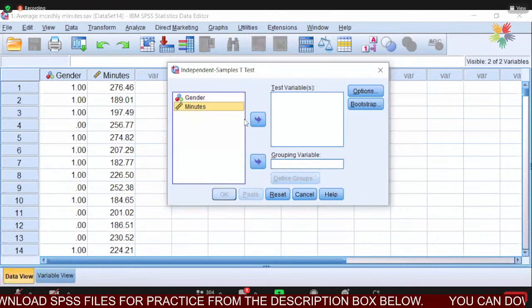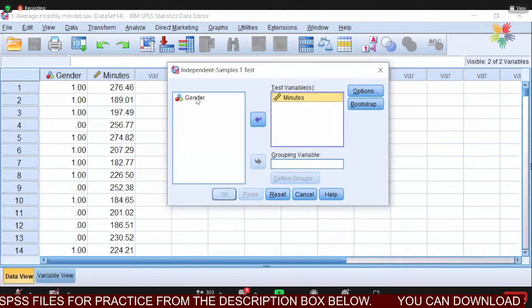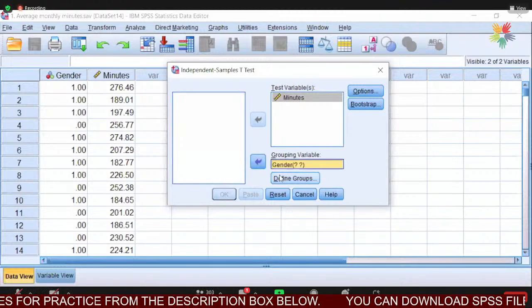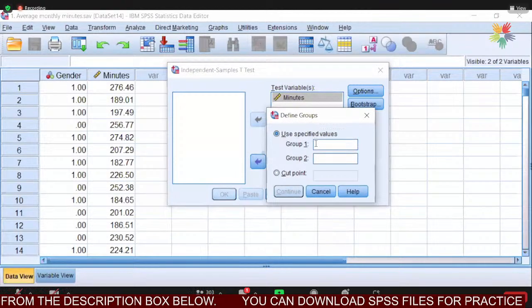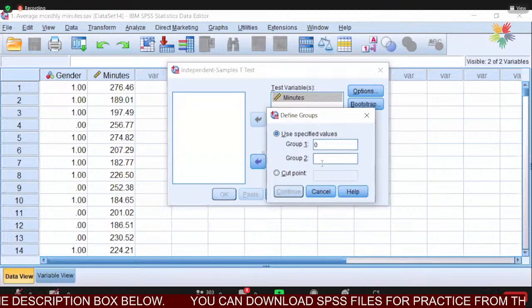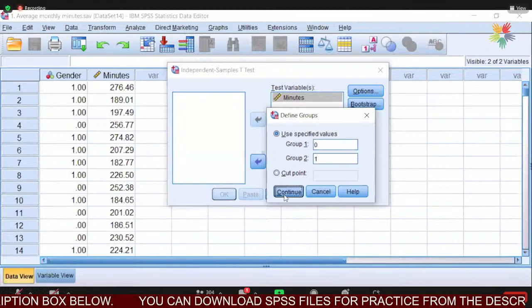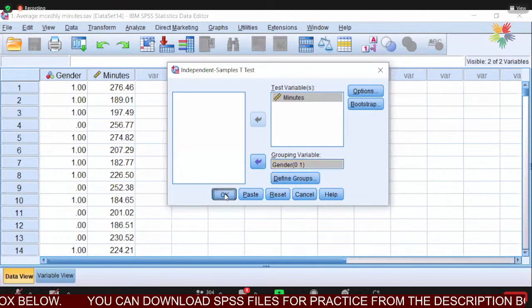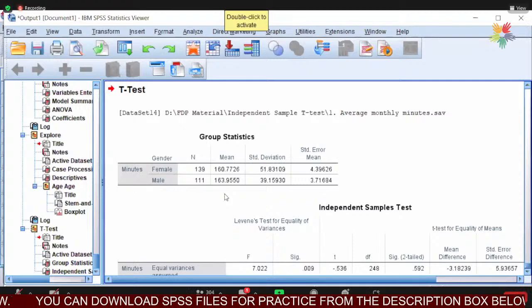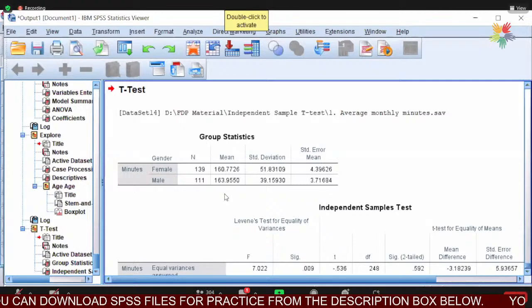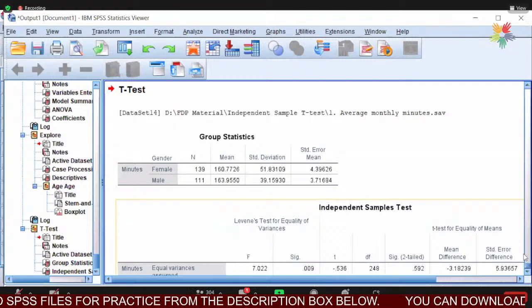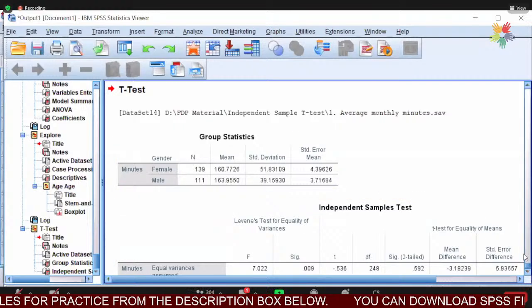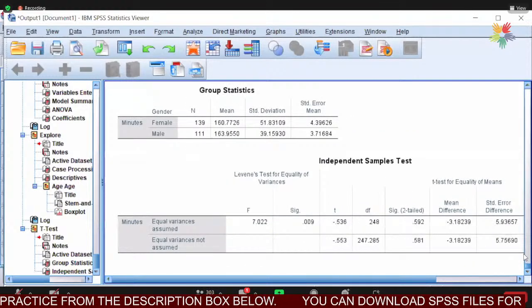Minutes, which is a metric variable, on the top, and gender, which is a categorical variable, with the different groups 0 and 1. We are going to compare the means to find out whether they are different or not. Now look at this one.